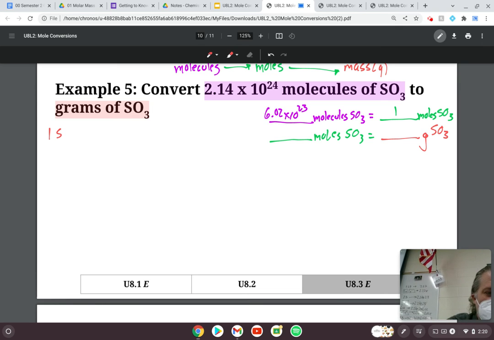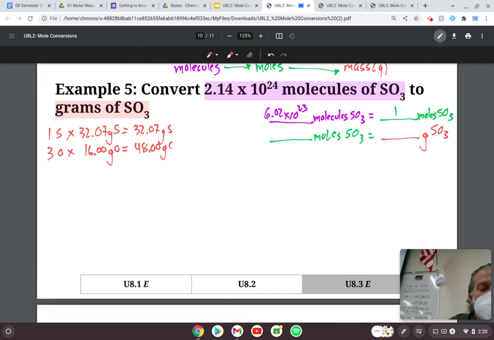So I have 1 sulfur times 32.07 grams of sulfur. And I have 3 oxygens times 16 grams of oxygen, which is 48.00 grams of oxygen. Add those up.